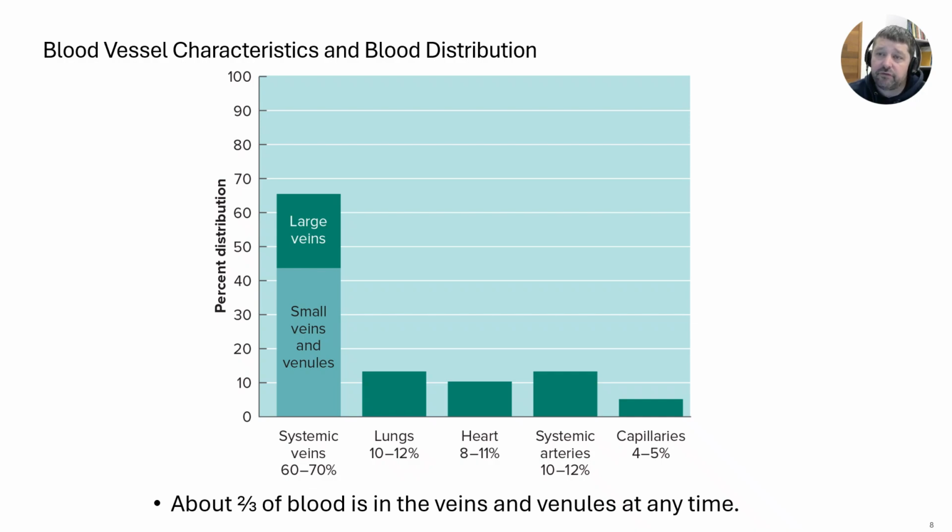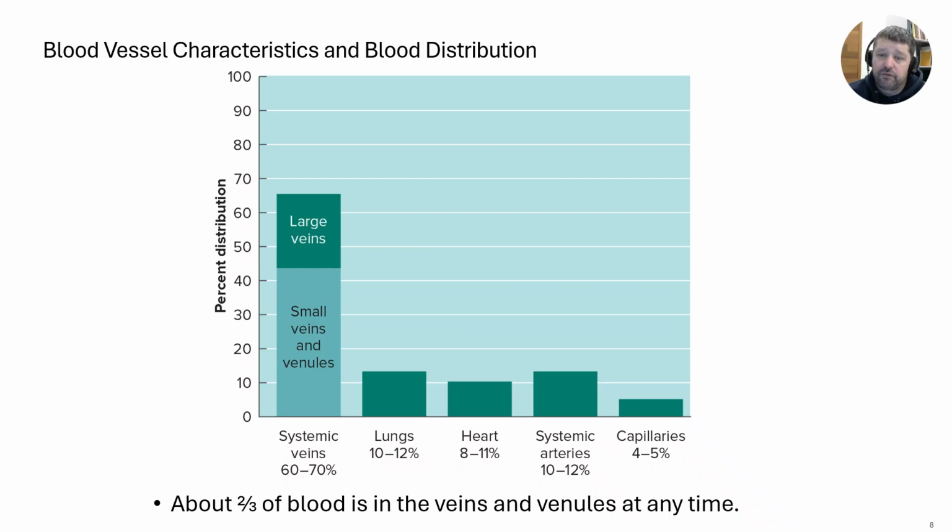Veins are where the majority of the blood is actually stored and would be found traveling through the veins of the body. So about 2/3 of the blood of the body is found in veins and venules at any given time.